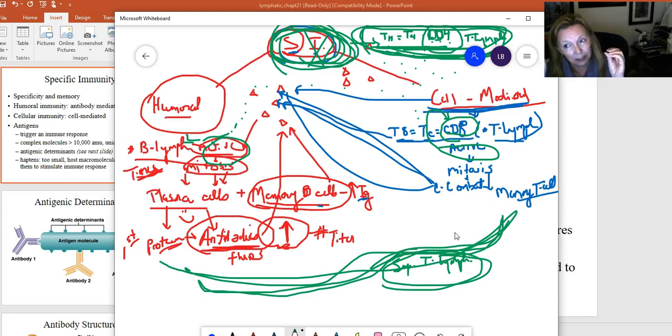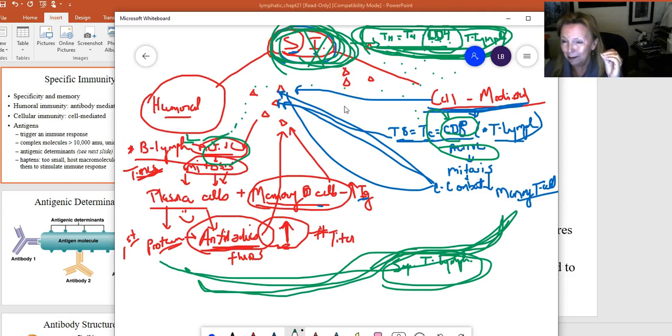Because your immune system can sometimes be over the top. You'll learn when you take microbiology and get deeper into this that there are a few ways that infections can cause damage. Sometimes infections cause damage because the bad guys themselves are producing toxins or enzymes that damage your tissues.